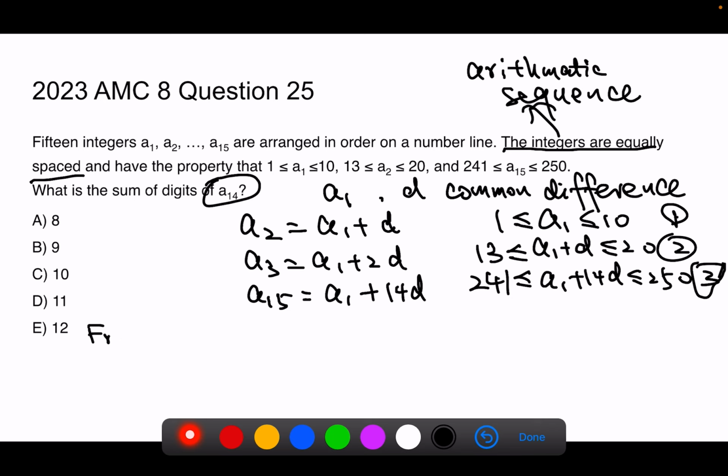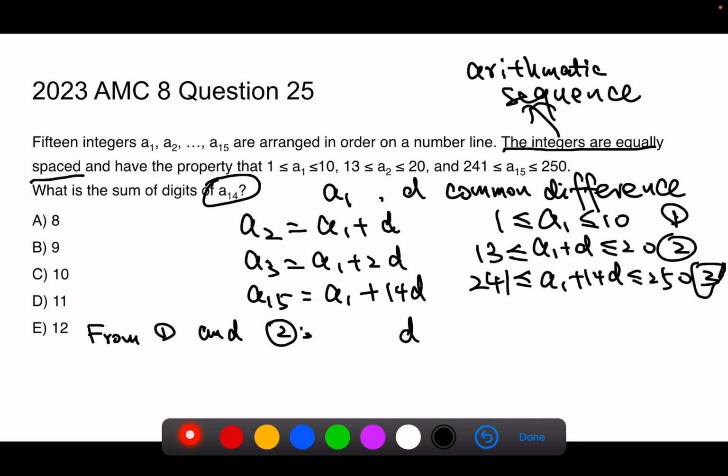So from 1 and 2, what would be the range of d? Like d is bigger than something, less than something? This is where you're trying to subtract two inequalities, because a1 plus d minus a1 is going to be d. And this is where you need to be very careful.